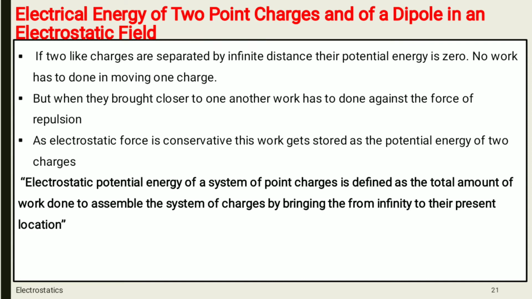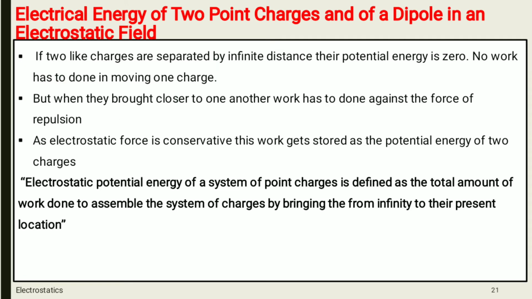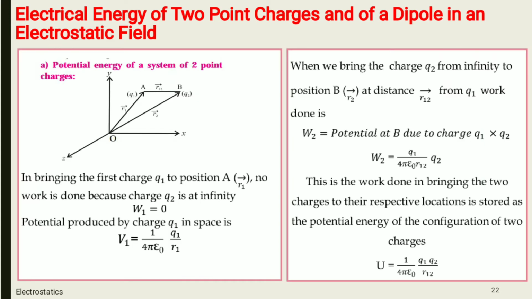In the last lecture we discussed the electrical energy of 2-point charges and of a dipole in an electrostatic field, along with some introduction of the potential energy of the system, that is, electrostatic potential energy.